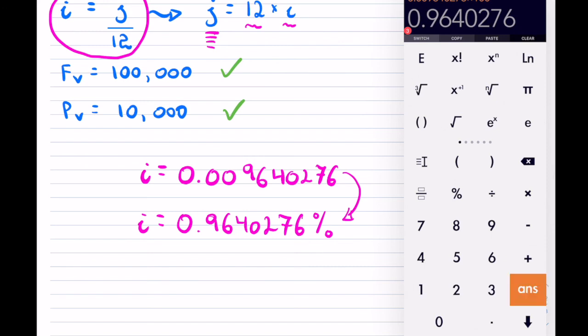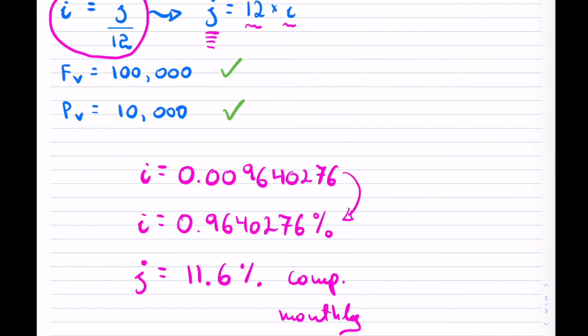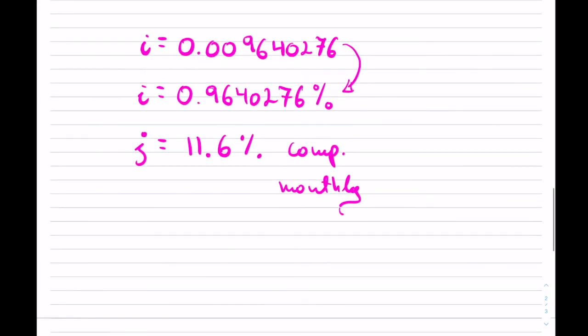So if I want this, I have to multiply this by 12, and now it tells me what j is. So j is approximately 11 point, and I'm going to round it to 1 decimal. That's what it is, compounded monthly. So this would be my answer that I would have.